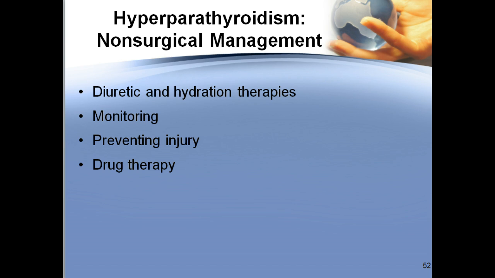You want to give them drug therapy, of course, like I told you before, something like calcitonin. And as far as surgical management, the surgical management of hyperparathyroidism is, of course, a parathyroidectomy.